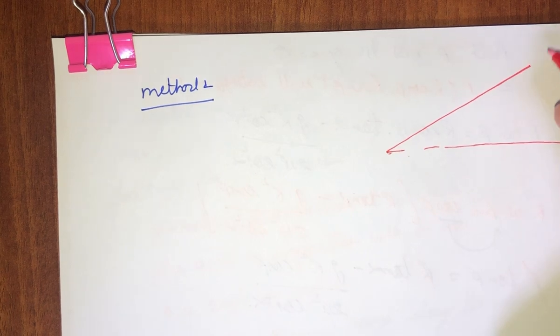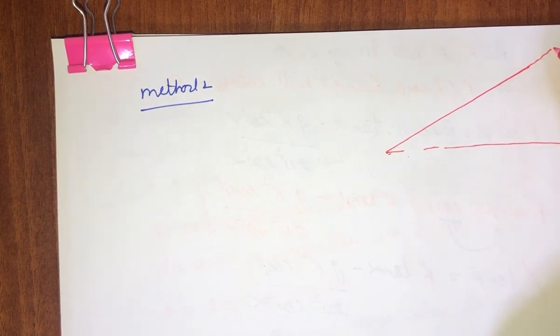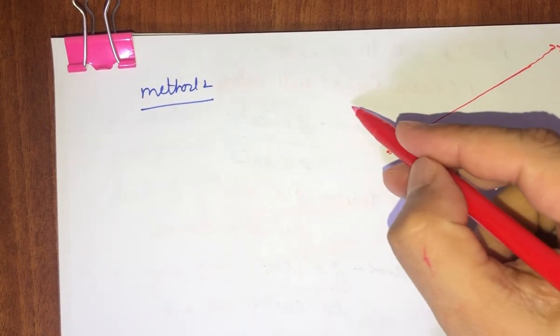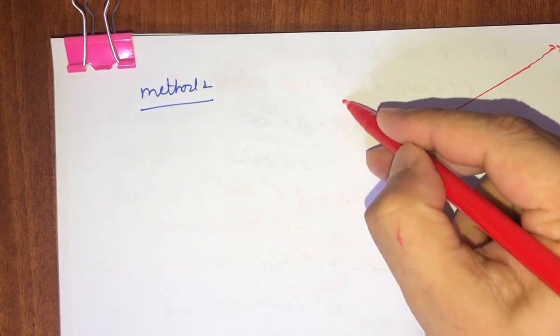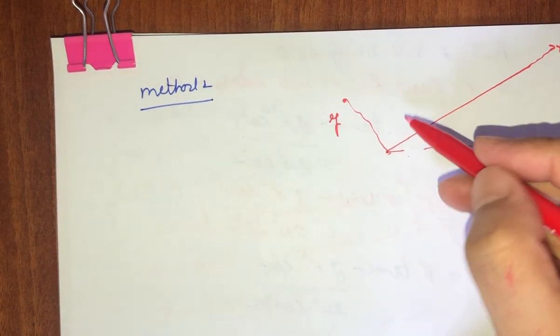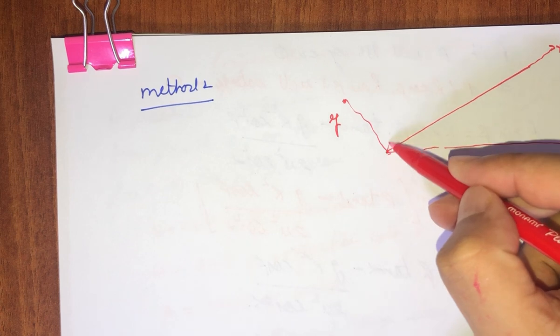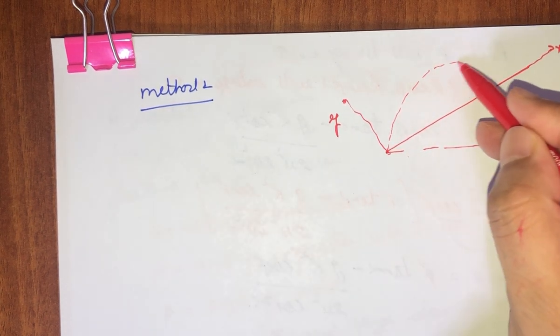So this is the horizontal plane, this is the inclined plane, and we are going to consider that this inclined plane is in x direction, so this will be our y direction, and the rest we are going to get almost the same things.